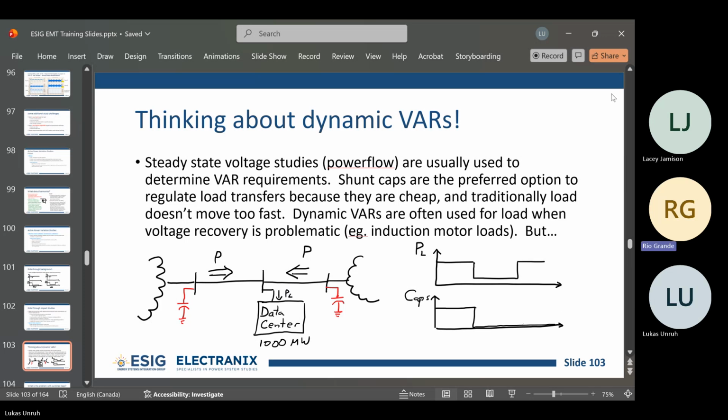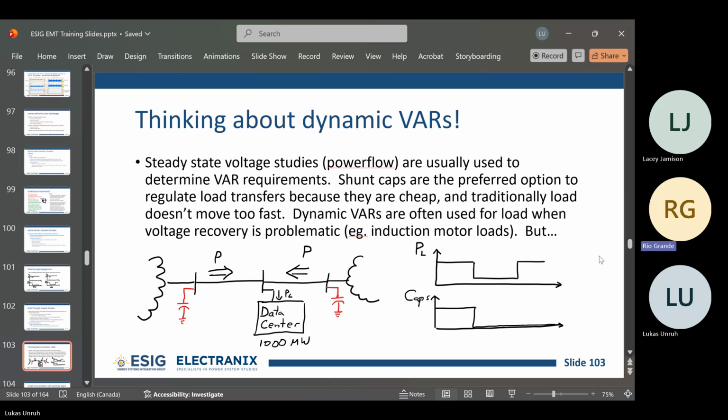So, thinking about dynamic VARs a little bit and these load fluctuations, when we see the load go, let's say it has a big downswing and then comes up again, and when the power goes down, the capacitor banks are probably going to switch out because the voltage will be pretty high probably.